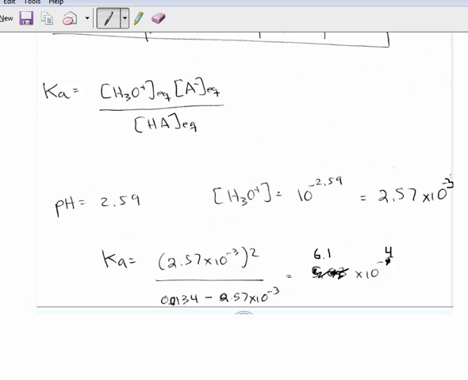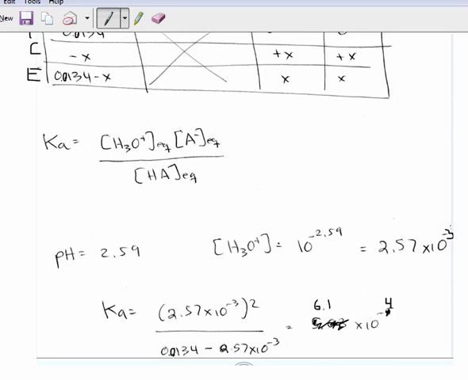So I plug in this value for my hydronium concentration, and I also actually know what X is because that is equal to hydronium. So now I can plug in my value of X to all my equilibrium concentrations and calculate Ka. So hydronium and my conjugate base are both 2.57 times 10 to the minus 3.